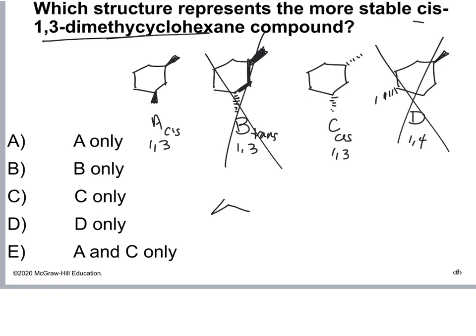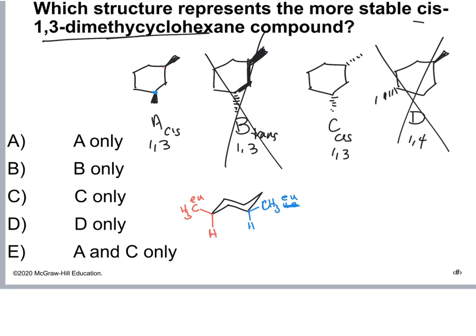Now we've got to figure out which one's more stable, A or C. So I'm going to draw the chair, pick one, and draw it straight into the equatorial, and it doesn't matter. So this is CH3 up equatorial, up, and then 1, 2, 3, we'll get there, and there's your CH3, and that's equatorial up.